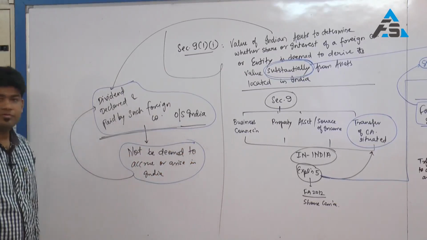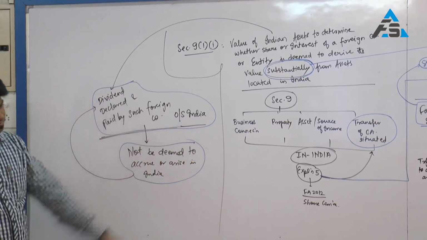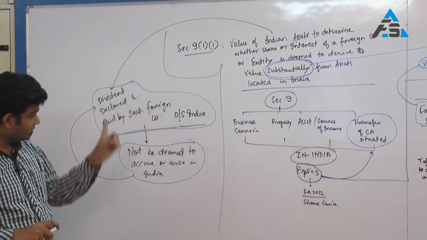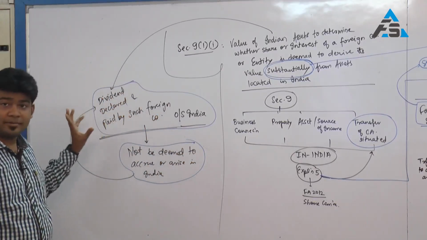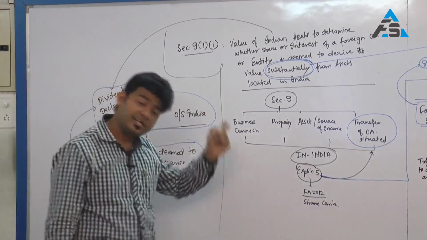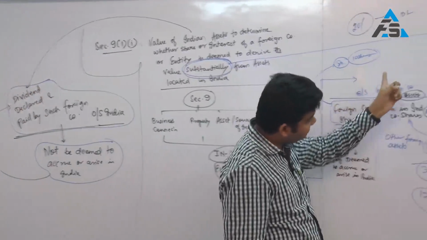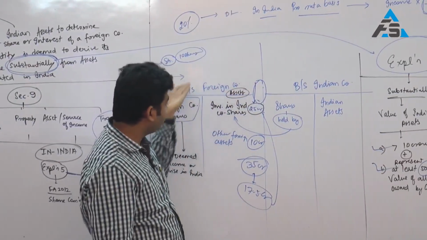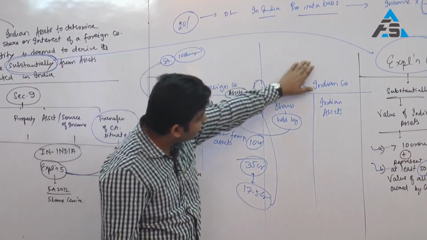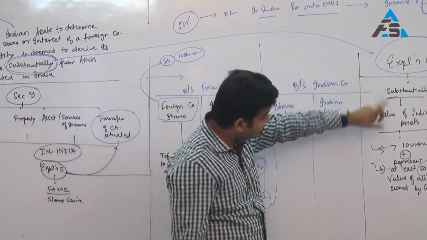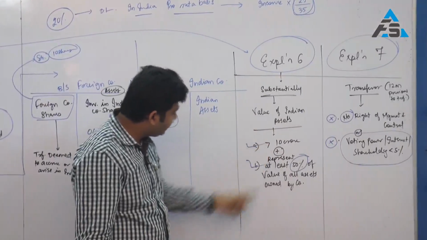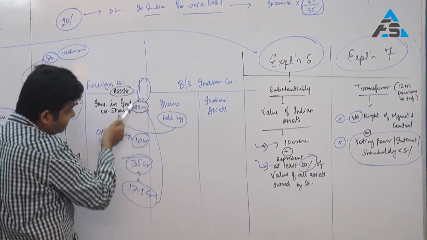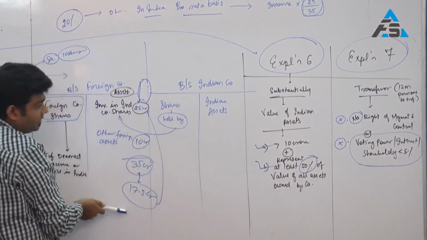A welcome move for the foreign investors, basically having foreign shares outside India. So yes, dividend will not be liable to any tax, but transfer of shares will be liable to tax if the value of foreign shares is substantially derived from Indian assets. What is substantially? The value of Indian assets should be more than 10 crores plus they should represent more than 50% of the value of all assets owned by the company.